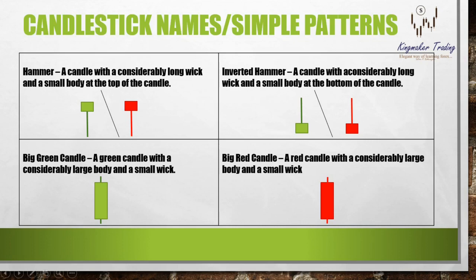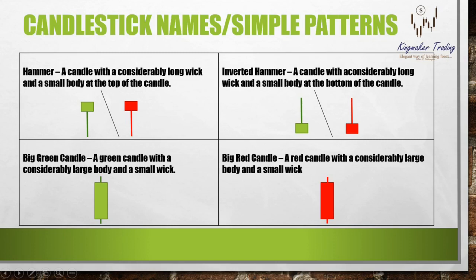And the next type is inverted hammer, a candle with a considerably long wick and a small body at the bottom of the candle. You can see that candlestick formation also in this picture, and it is similar to the gravestone doji, and it represents the selling pressure in the market.